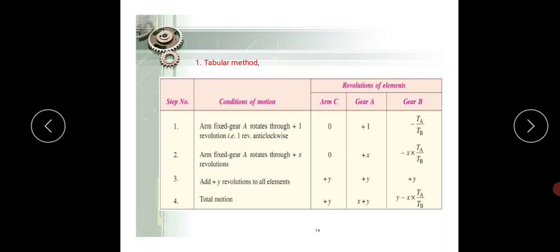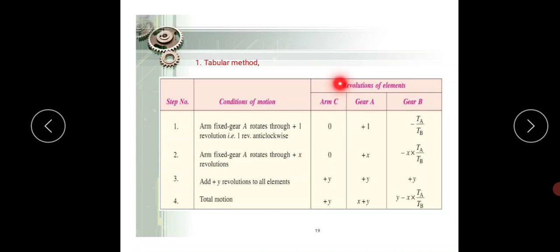The fourth step is the total motion: arm C is plus Y, gear A is X plus Y, and gear B is Y minus X into TA divided by TB.